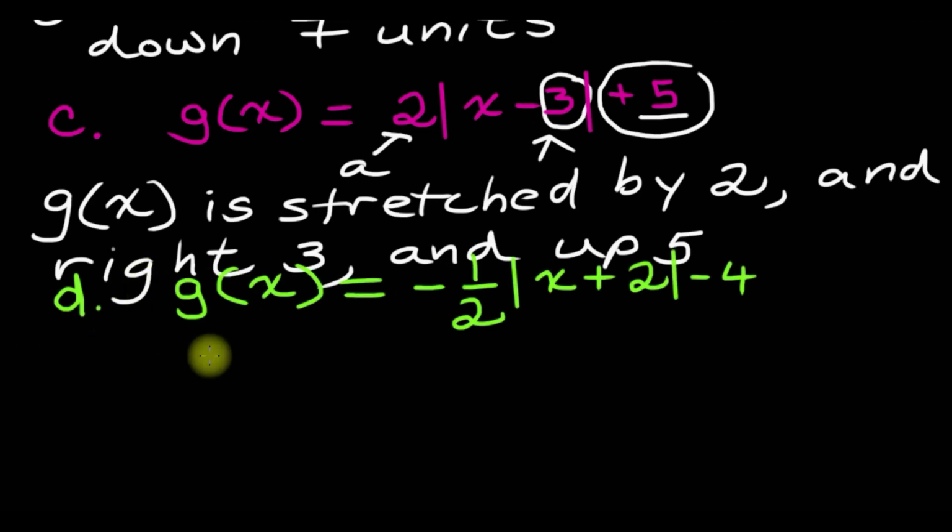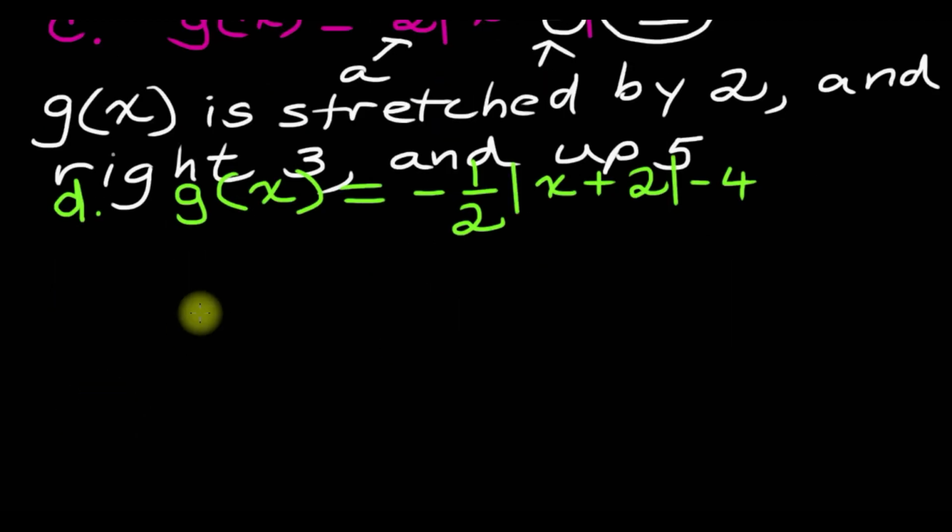Okay, let's take a look at one more. So g of x here is negative 1/2 times absolute value of x plus 2, minus 4. So this one has the negative, the 1/2, the h, and then you got the k.